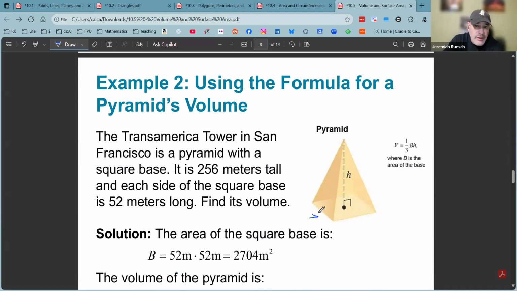So this is 52 meters here on a side, and its total height is 256 meters tall. By the way, if you want to know how many feet, 1 meter is roughly 3 feet. It's a little bit more, but just really roughly.